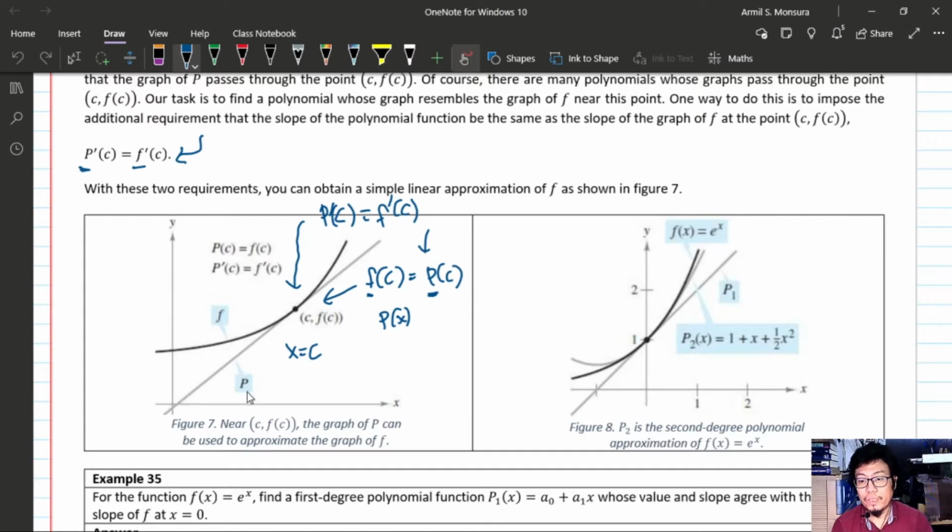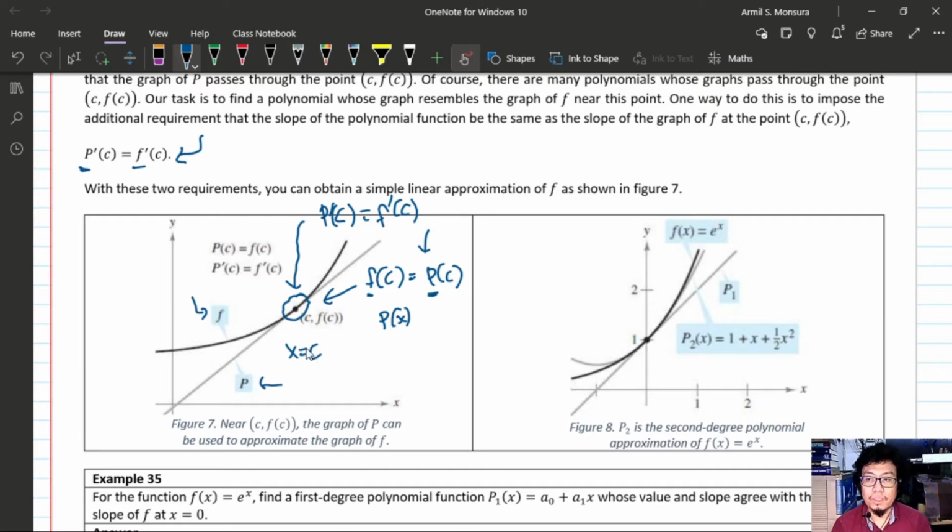Our objective is not for them to have the same shape exactly. We would like them to have the same shape, at least near this point. If you look at that very point, at C, we would see that your approximating polynomial P and your given function F have the same shape, at least near that point.